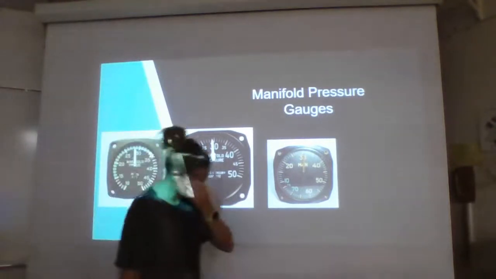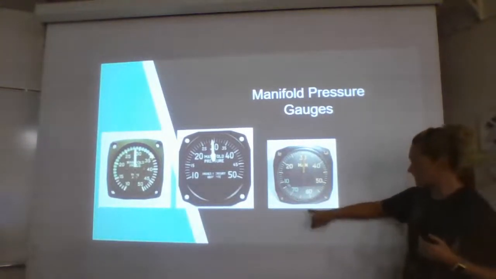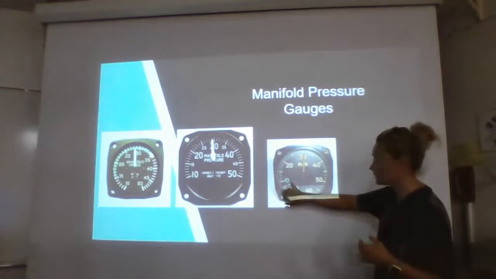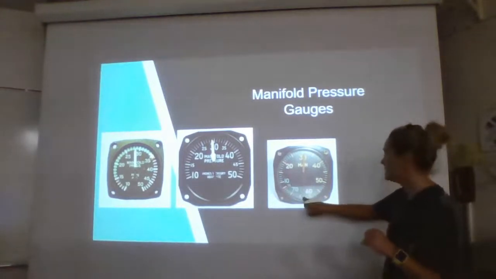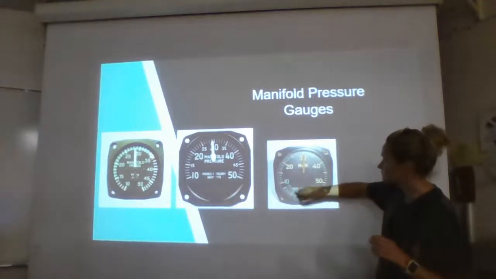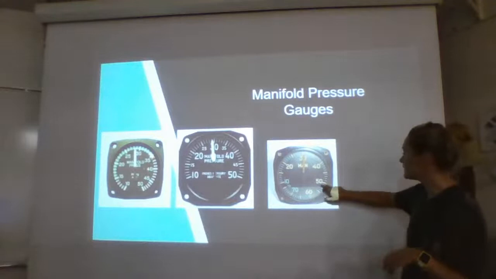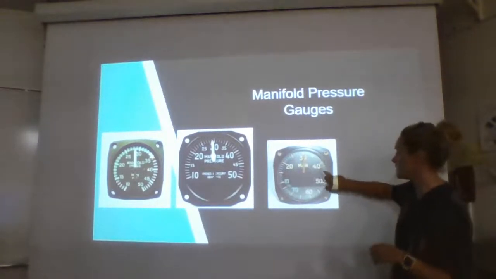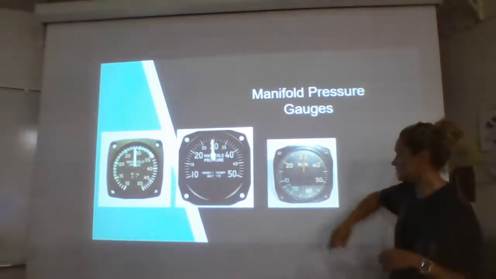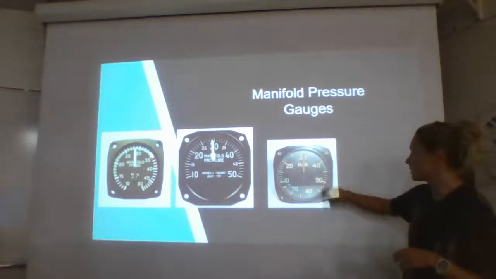This is also another manifold pressure gauge that you could see, and you probably can't see it there on the screen, but it has some areas in here that are marked in blue. Okay, so now we know what that means, and it again doesn't have any red, yellow, or green type of arcs in here.